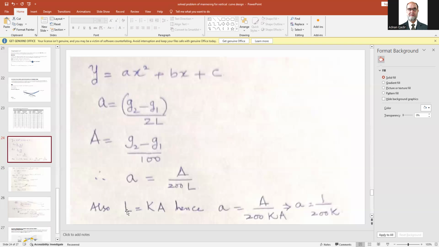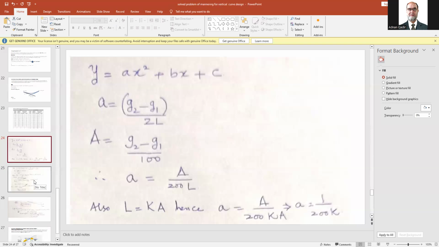We can write that L is equal to K times A, and since a is equal to A over 200L, we can write that a is equal to 1 over 200K. Simple mathematics, right? We have substituted capital A with small a.